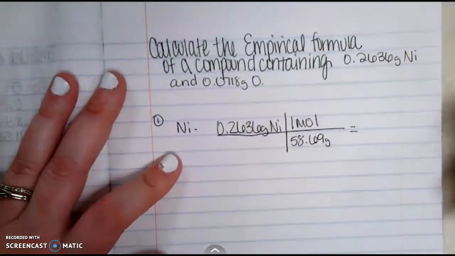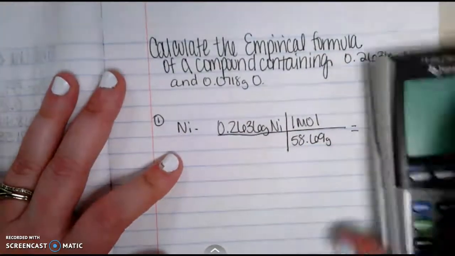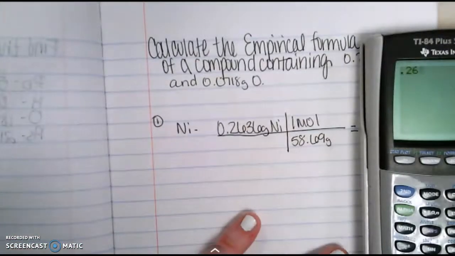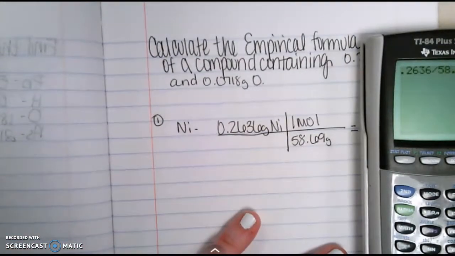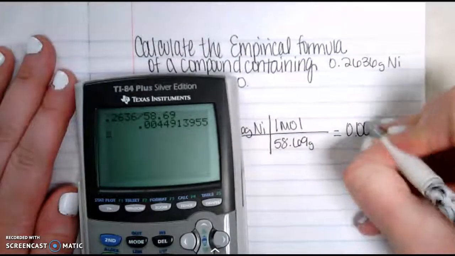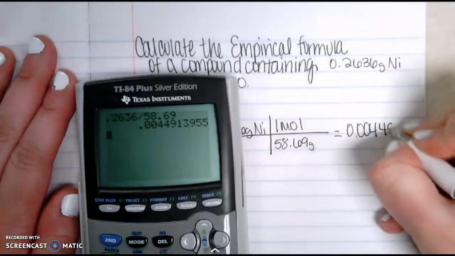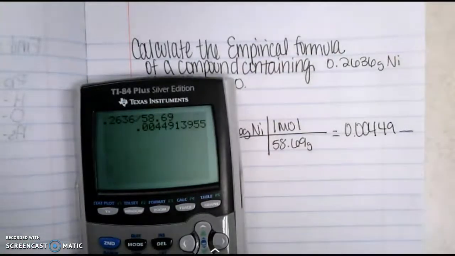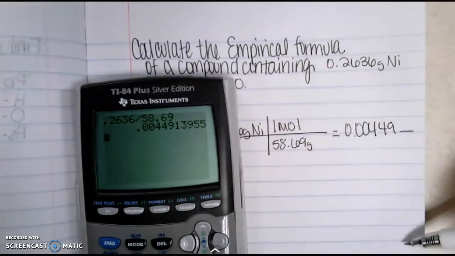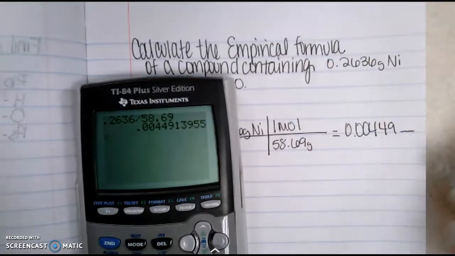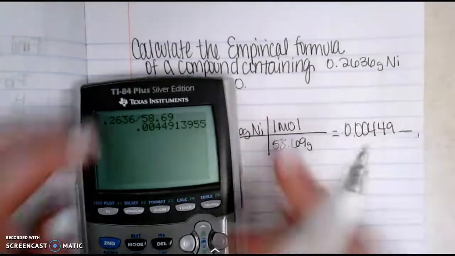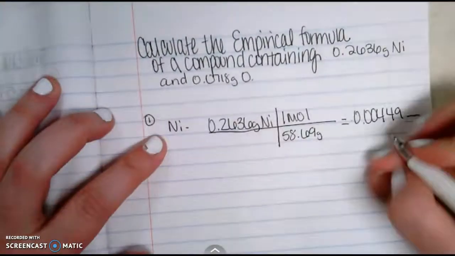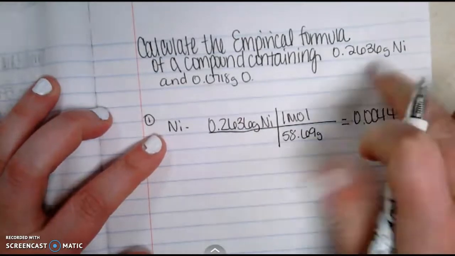That's going to give me my molar amount, and if we plug that into our calculator, it gives us 0.00449 and so on. I know that's a really big number and I'm not being very nice with my sig figs, but that's because in a minute I'm going to round to the nearest whole number, so I'm leaving this long right now. That is how many moles of nickel we have in this sample.